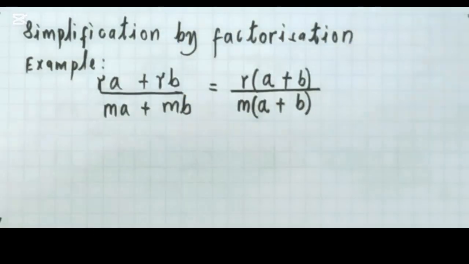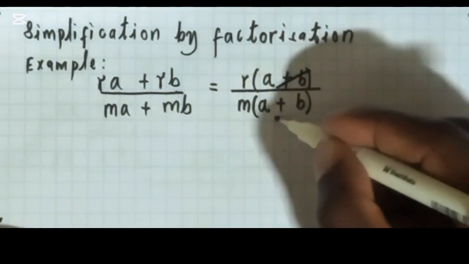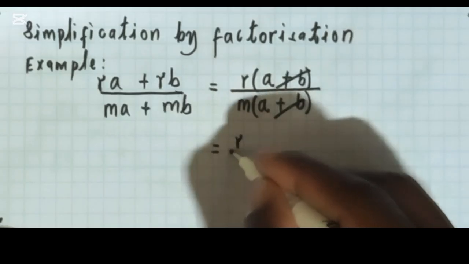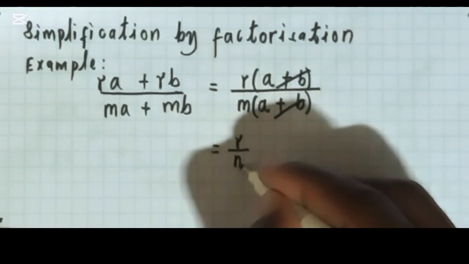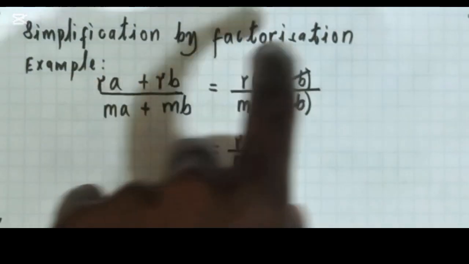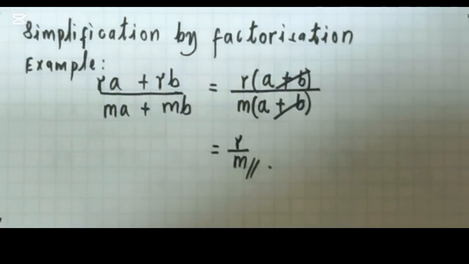So we're just going to let them simplify each other out, and we are going to remain with R all over M as our simplified version of the expression by factorization. Let's try another example and see what we come up with.